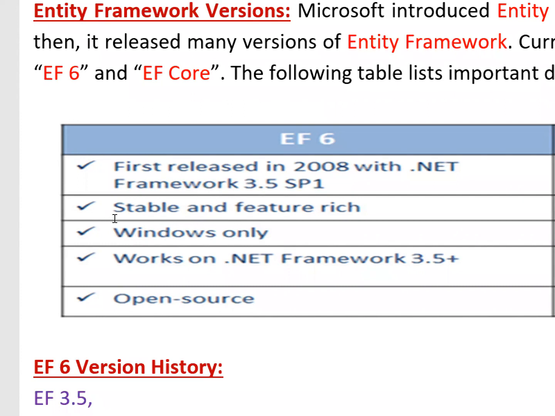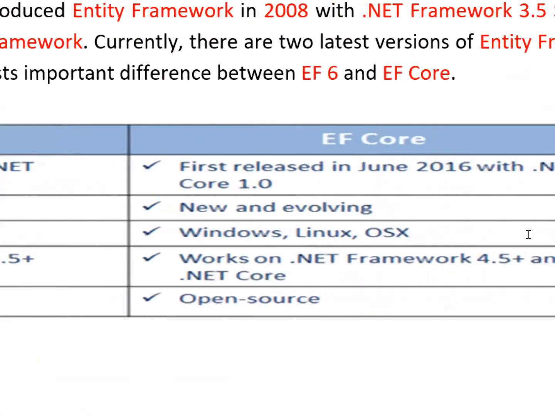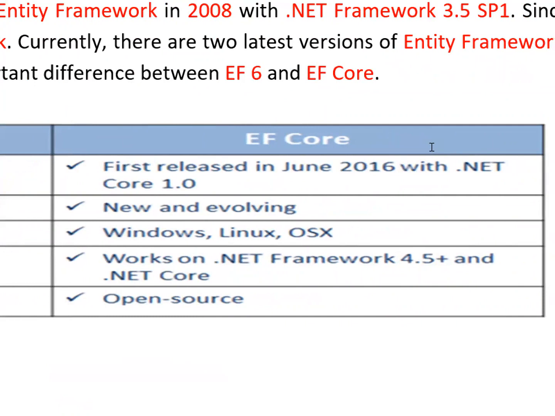Next, open source. If you talk about Core, first released in which year? You already know, .NET Core came in 2016 with .NET Core 3.1. New and evolving, so continuous changes are happening day by day. Works on Windows, Linux, and OS X. Works on .NET Framework 4.5 plus .NET Core also.